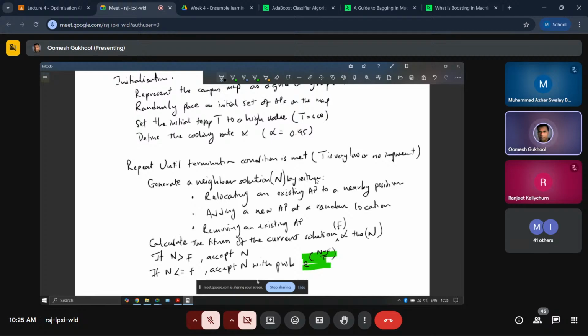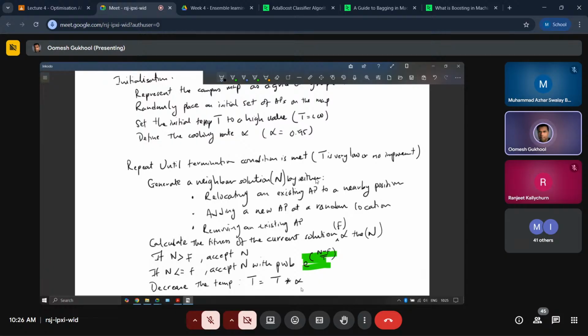And then we're going to say next, decrease the temperature: T is equal to T multiplied by the rate alpha. Okay.